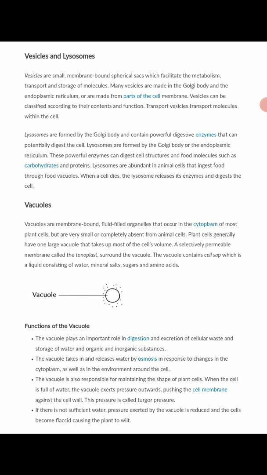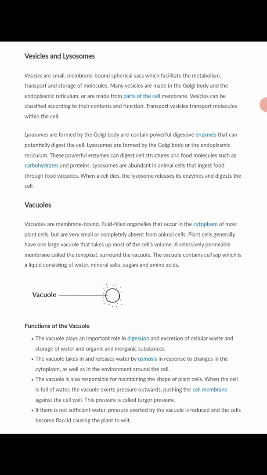Many vesicles are made in the Golgi body and the endoplasmic reticulum, or they are made from parts of the cell membrane. Vesicles can be classified according to their contents and function. Transport vesicles also transport molecules within the cell. So that's all on vesicles.